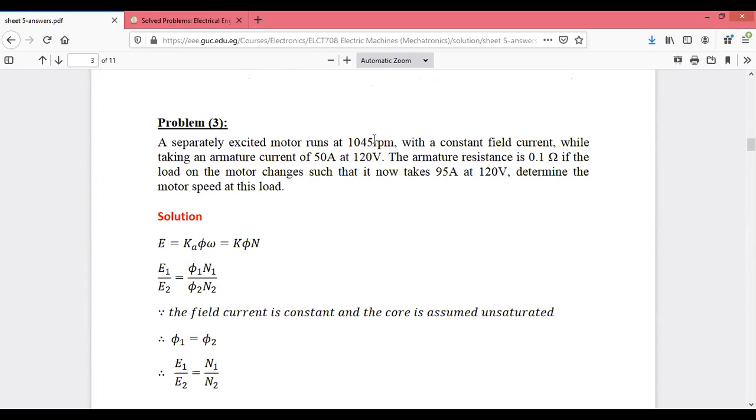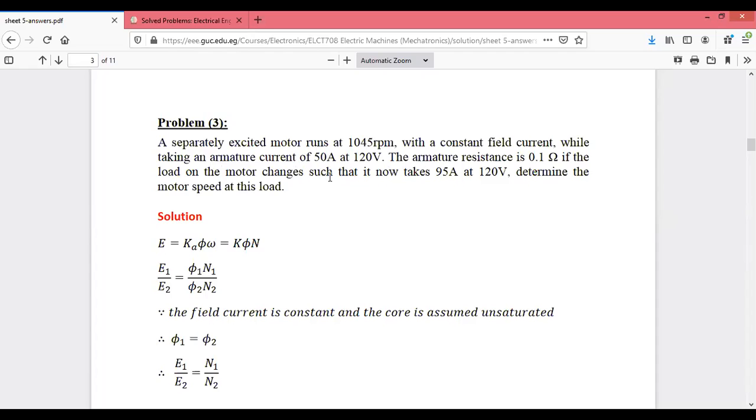That is nothing but speed, so you can take capital N because they have given RPM, with constant field current, that will be IF. The armature current is IA, 50 ampere, at 120 volt, the input voltage. The armature resistance is 0.1 ohm, RA.